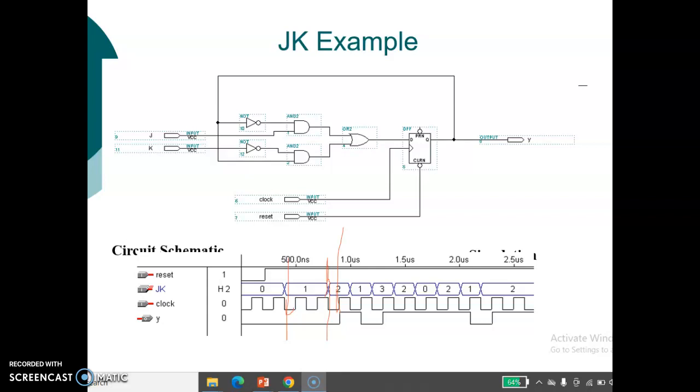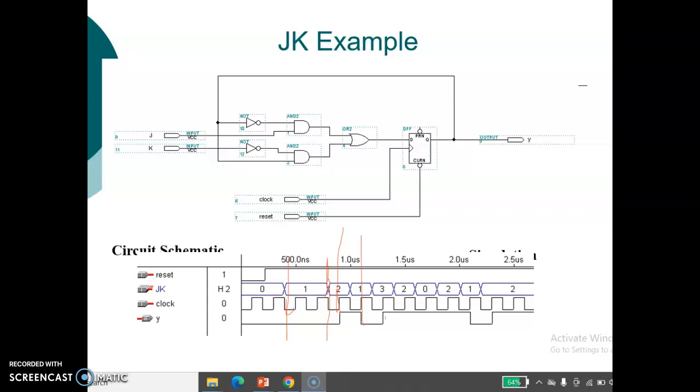So here also, approximately 900 nanoseconds like this, and then 1 point something microseconds, then the output is 0.